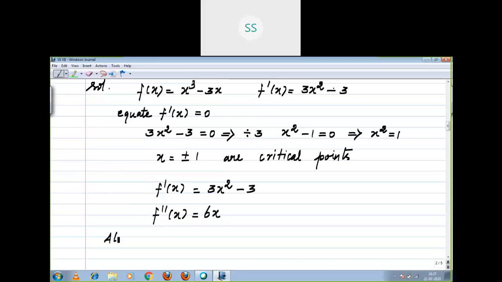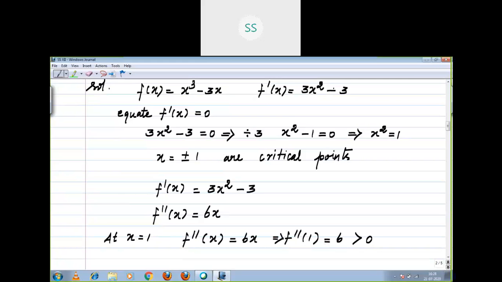Now, at x is equal to 1, f double dash of x equal to 6x. F double dash of 1, x should be replaced by 1. F double dash of 1 equal to 6. That is greater than 0.